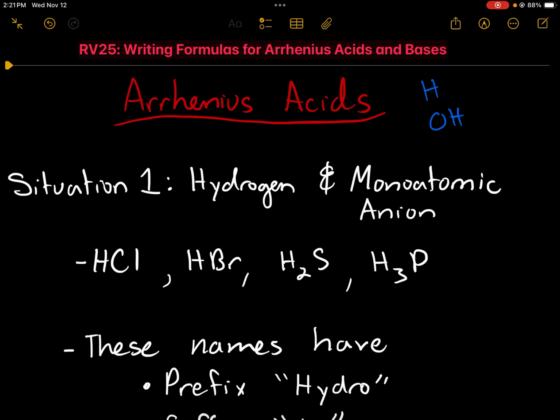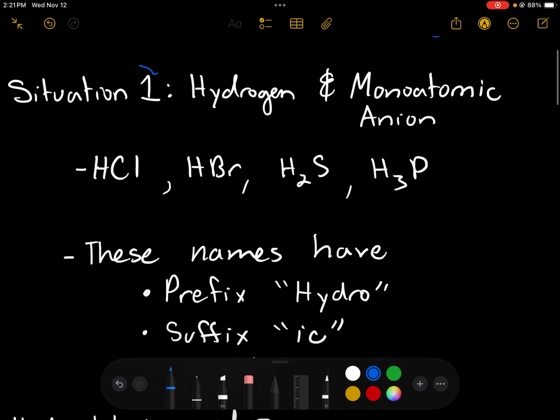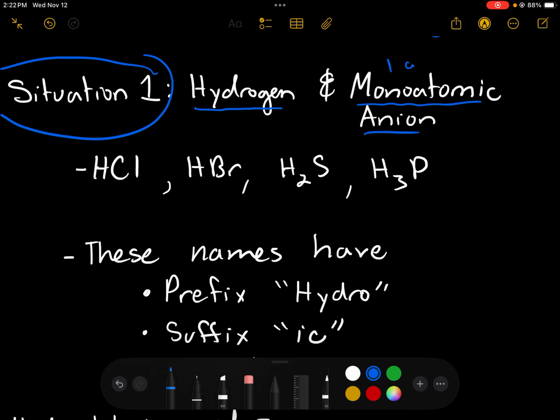So for an Arrhenius acid, there are 3 total situations that you could run into when you're looking at a name. Situation number 1 is hydrogen paired with a monoatomic anion. Monoatomic means one atom, so hydrogen and one atom. Examples would be HCl, HBr, H2S, H3P.